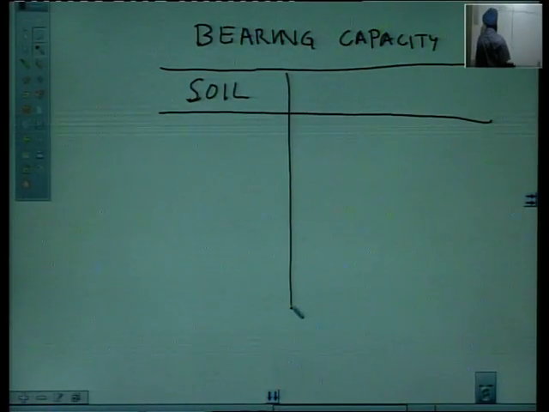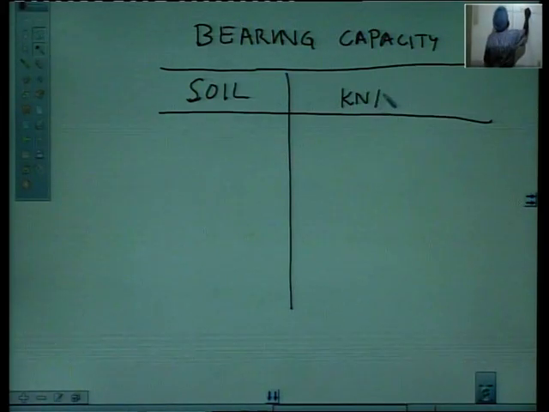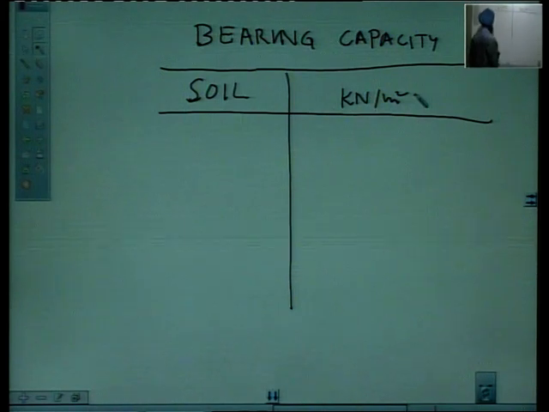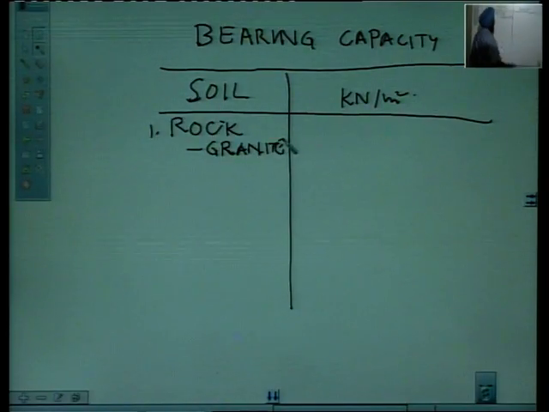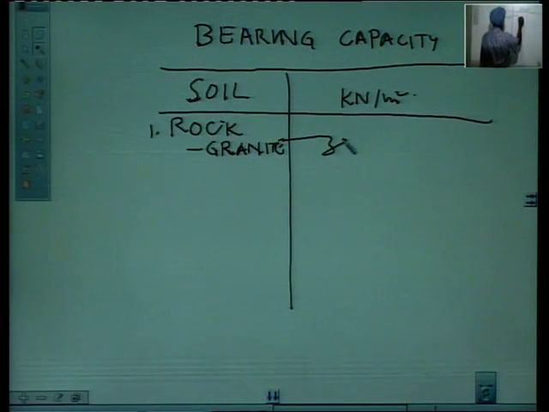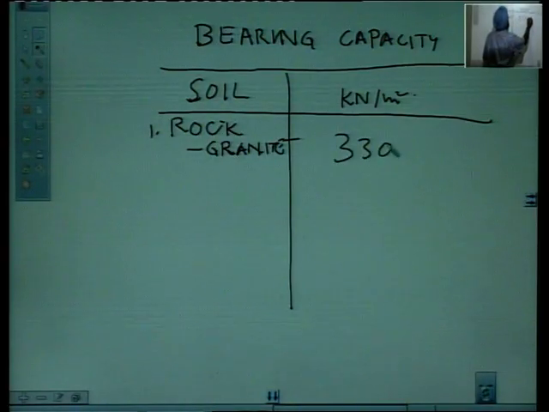So safe bearing capacity is given in kilonewton per square meter. Rock, number 1 is rocky strata. Granite is hardest rock, its bearing capacity 3300 kilonewton per square meter, same unit.